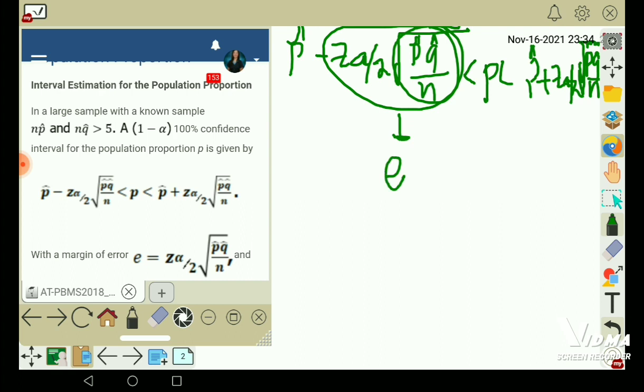And take note that margin of error is actually different from your standard error. So this part is what we call your standard error.